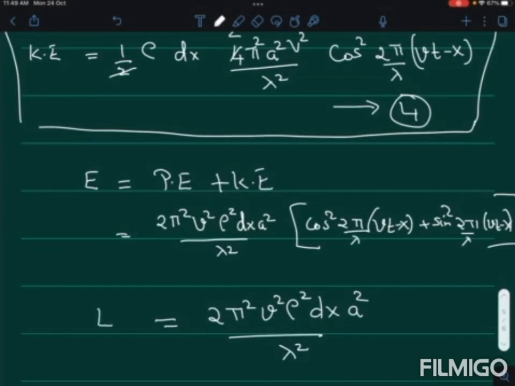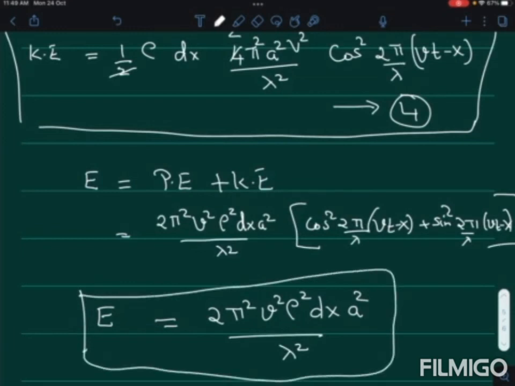Now this will be equation number 8. Therefore, energy density is the total energy per unit volume of the medium, and is obtained by integrating equation 8 from x equal to 0 to 1. So what is your energy density now?